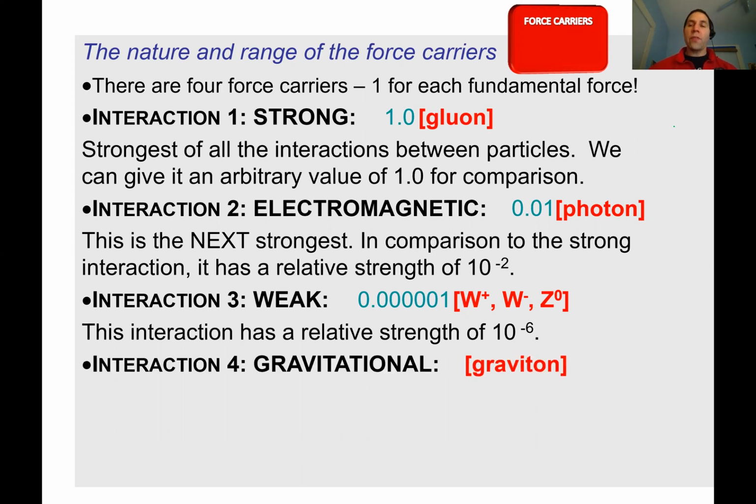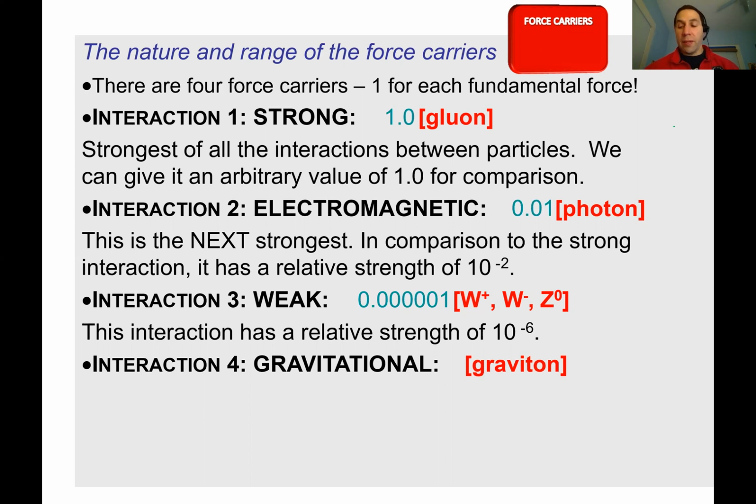And then finally, the fourth fundamental force is gravity, the gravitational force, which you're intimately familiar with. And the exchange particle for that is what we call a graviton. Now, the interesting thing is, if you had to take a guess, how strong do you think gravity is compared to the strong force being 1?